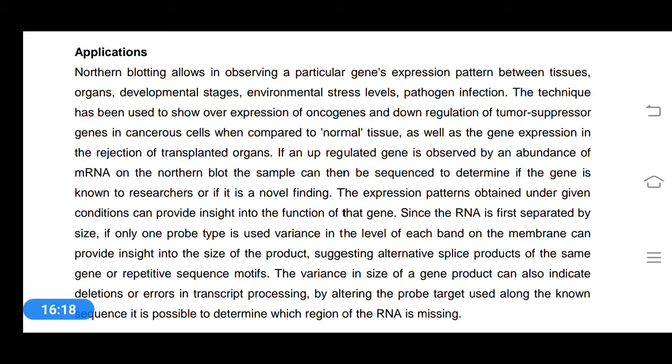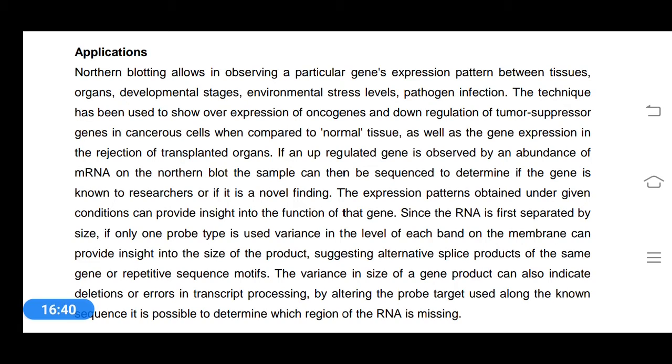Rejection of transplanted organs means during organ transplantation, sometimes the transplanted organs will be rejected. That means they will not be properly accepted by the body.